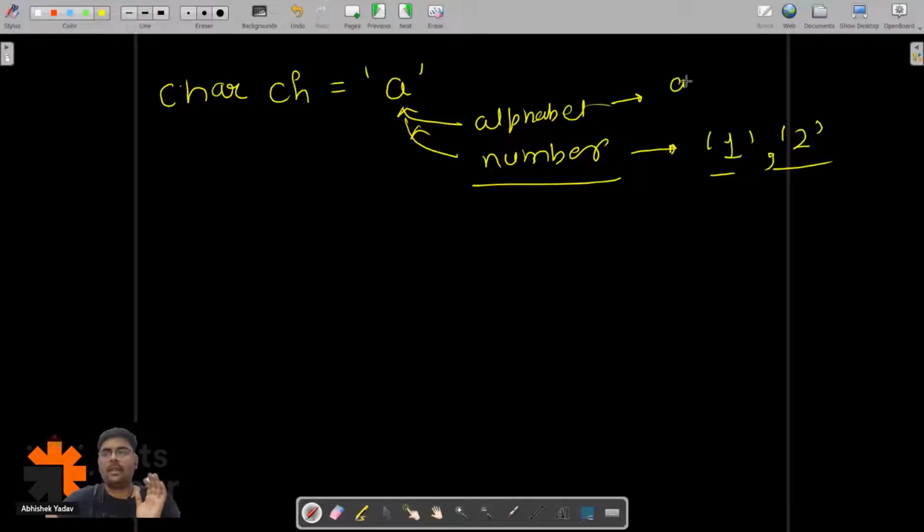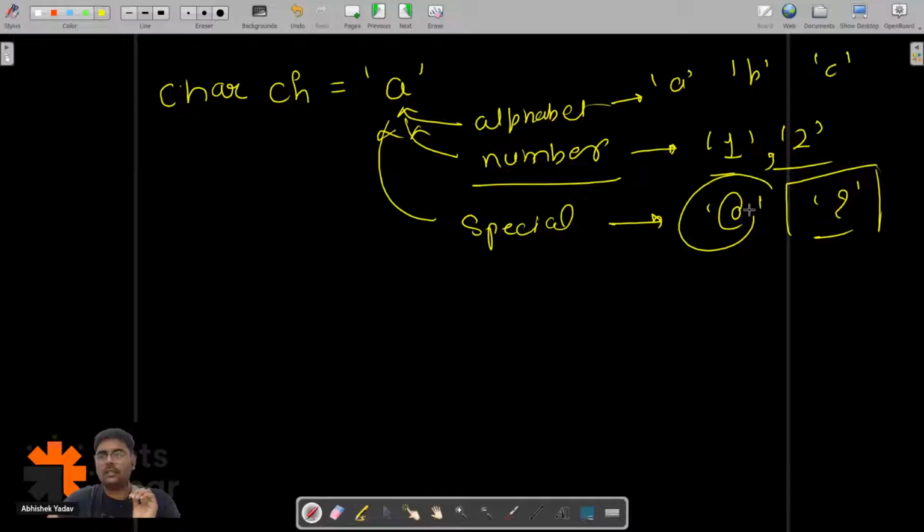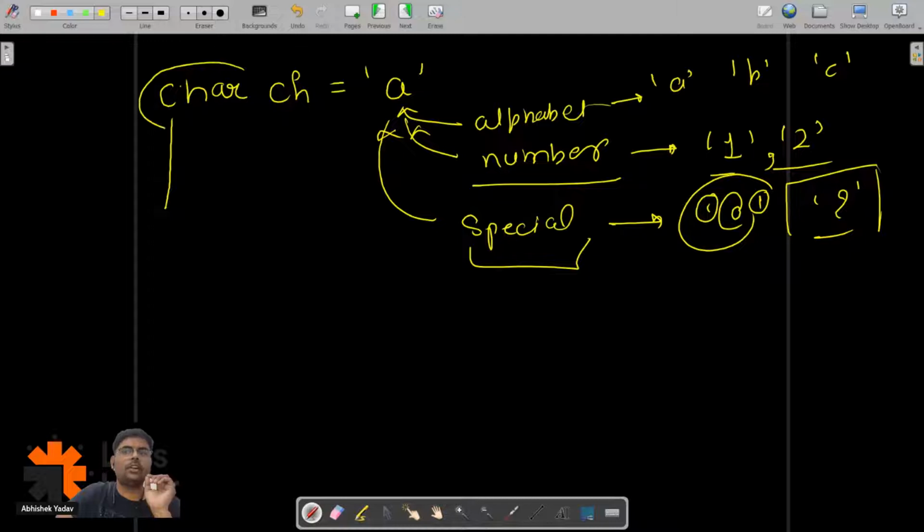Similarly for alphabets, you have A, B, C in single quotes. You also have special characters, like at the rate, question mark. Everything inside single quotes is a character. Can you guys tell me how many bytes this character occupies?